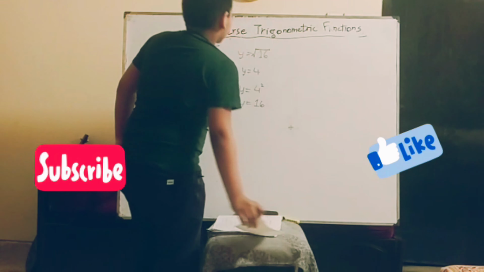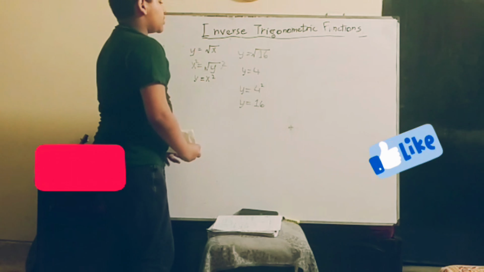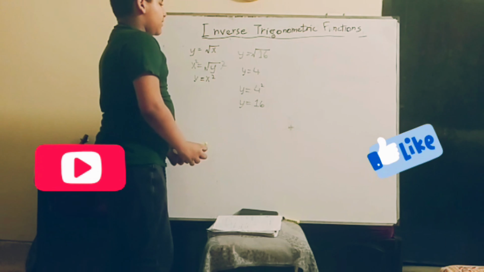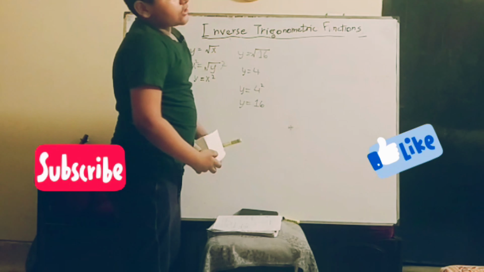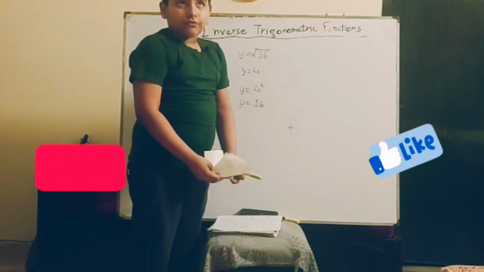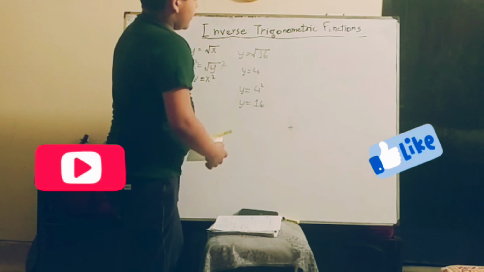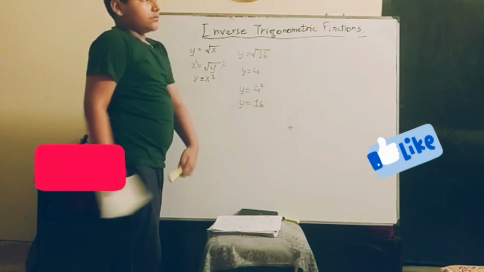So this is how an inverse function works. When you solve something for y by giving a specific value, the answer with the new inverse function will be the value you put.